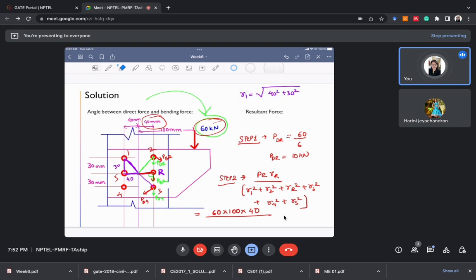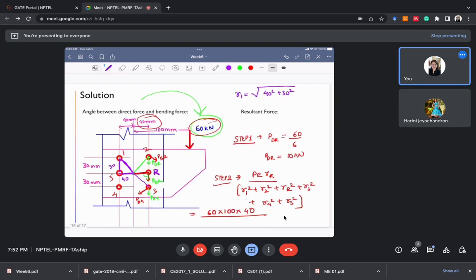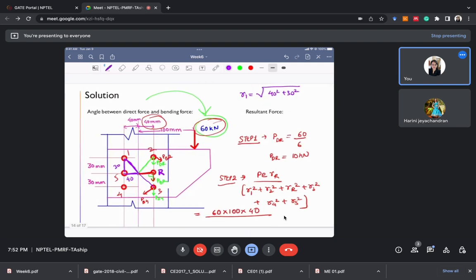Just put everything in here. Final value of PB1.